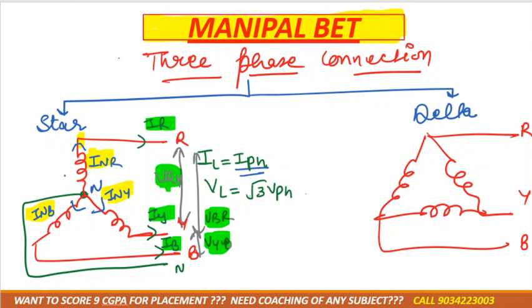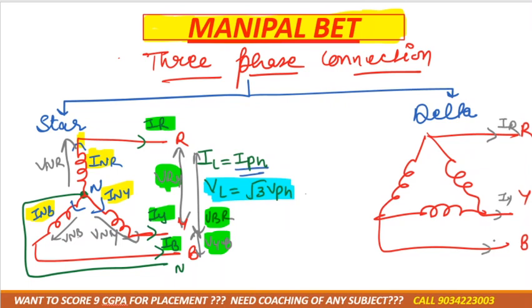Now we need to mark the phase voltage. Phase voltage is again across the winding, that is VNR, VNB and VNY. So we don't have an equal relationship, but line voltage would be equal to root 3 times phase voltage.